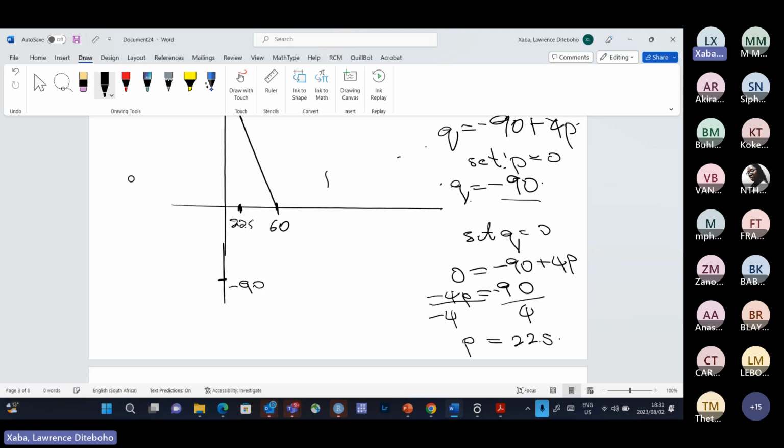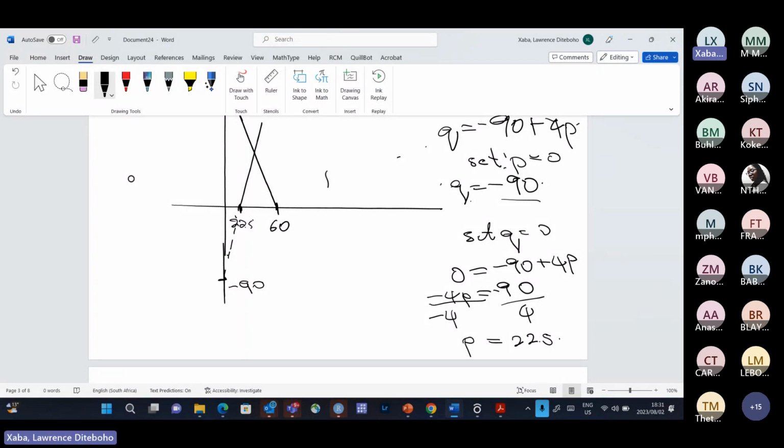Okay, so what do we do now? We'll have a line that passes here, joining the other side. Remember, mine is not according to scale.